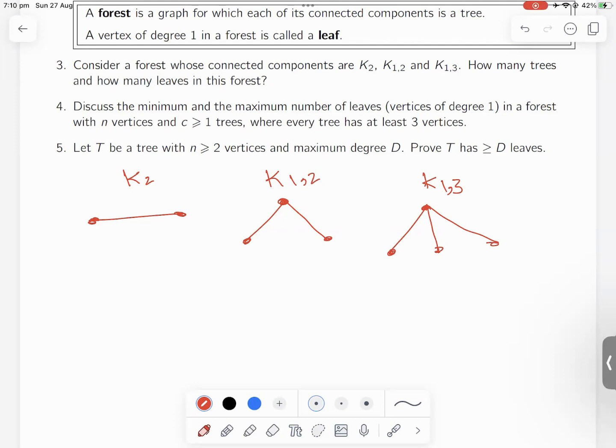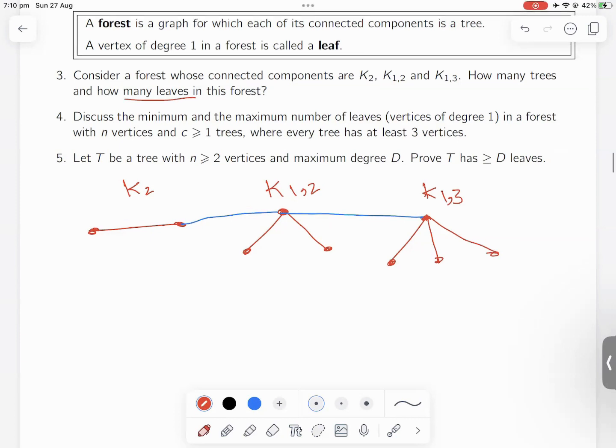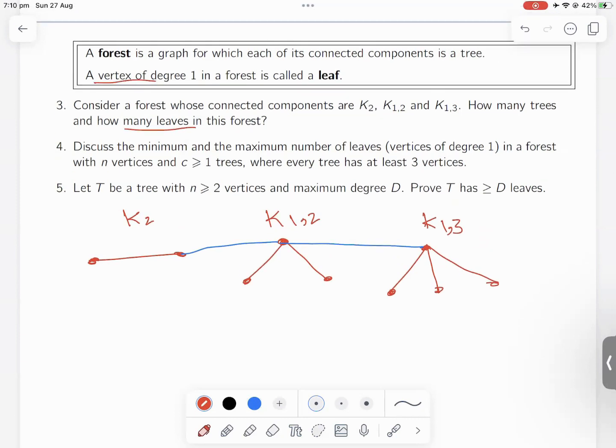So we see that even if these are connected, what was the question? Leaves. A leaf: a vertex with degree 1 in a forest is called a leaf.